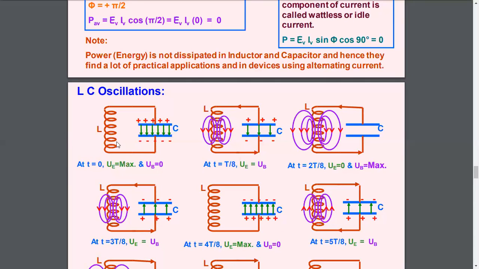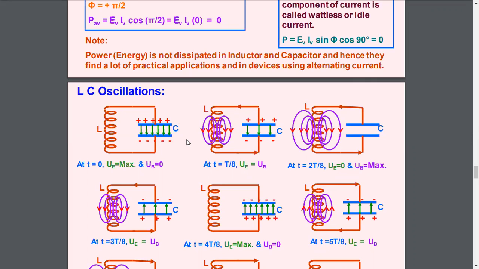Similarly, here we see that electrical energy and magnetic energy keep on oscillating, and the total sum of energy across the inductor and capacitor at any instant of time remains constant. And such a circuit is called an LC circuit, that is, a circuit consisting of a capacitor and inductor connected in series with each other.